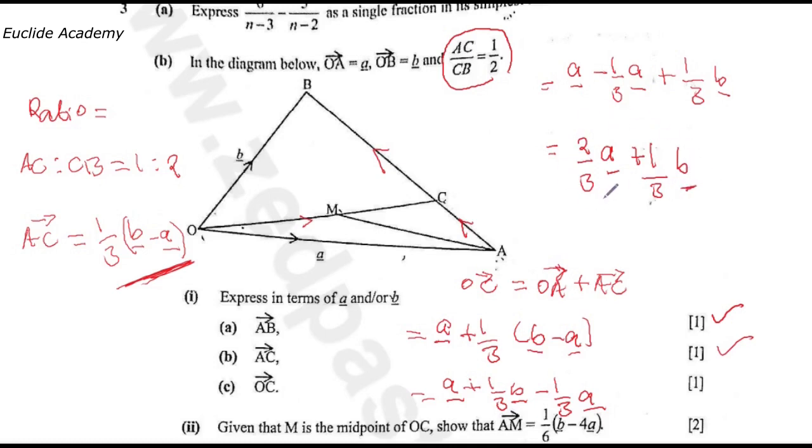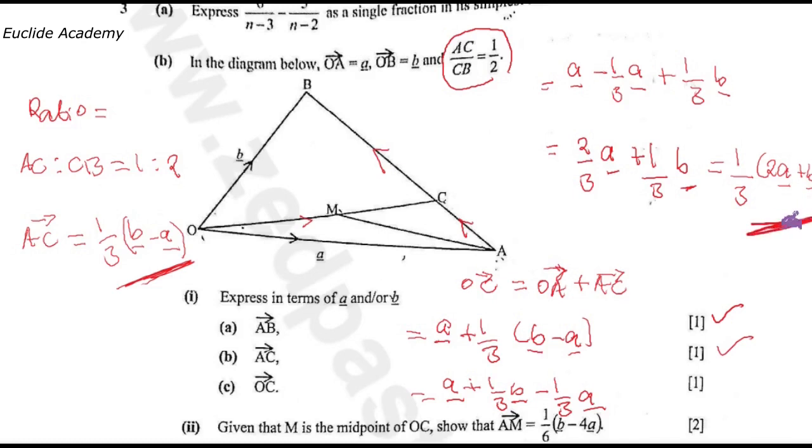So this will be the vector OC. If you want further, you can pull out 1/3 as the common factor there, and then we just remain with 2a underline plus b underline, like that.